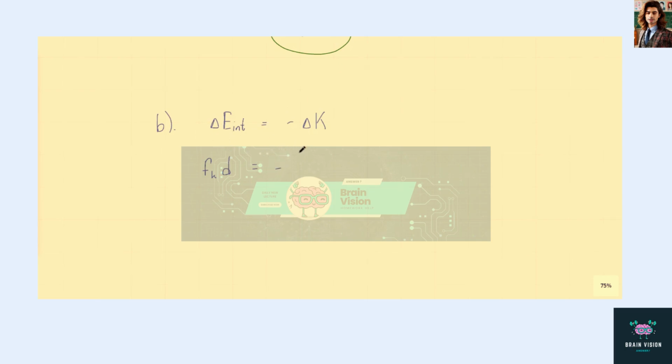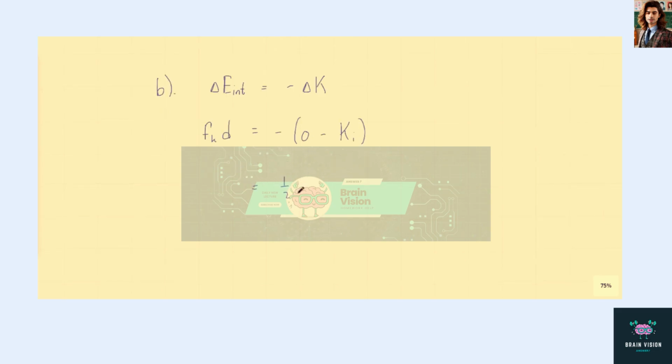And this is the change in kinetic energy, which is minus 0, the final kinetic energy, minus the initial kinetic energy, Ki. And so this is equal to a half m Vi squared.